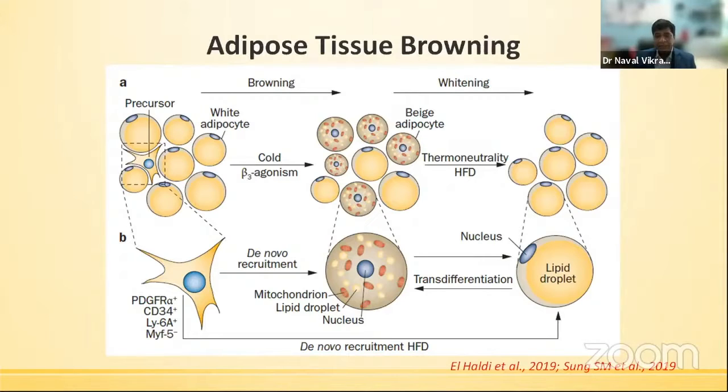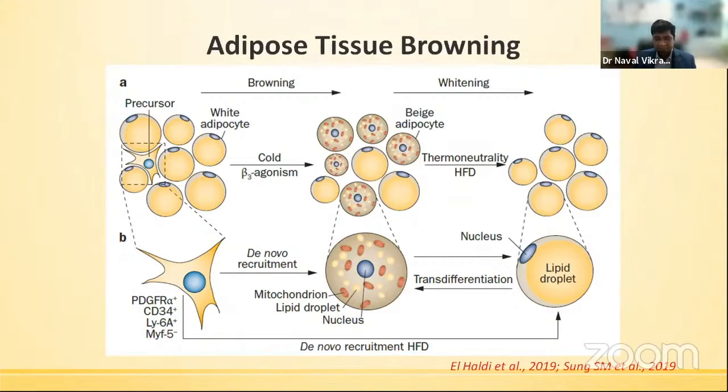And when the situation is reversed, that is in thermoneutrality or in the high-fat diet, these beige adipocytes can again turn back to white adipocytes. So this is a dynamic and reversible process, and several factors may come into play here.